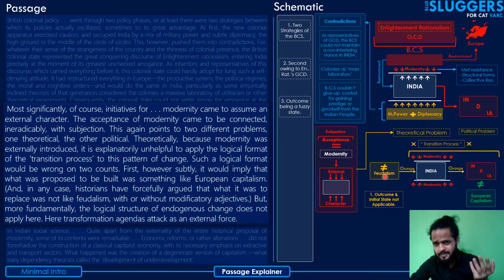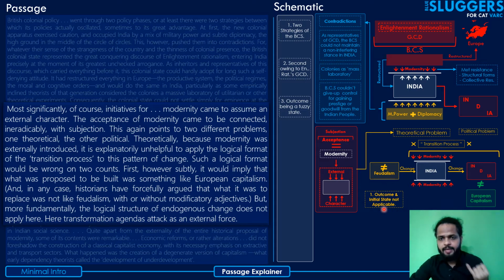Also, that which they altered, that means the state that India was in before they came in, it would also imply that the state was that of feudalism, which was definitely not the case. So once again, neither what was being proposed to be built was European capitalism, nor that which was being changed was a case of feudalism.